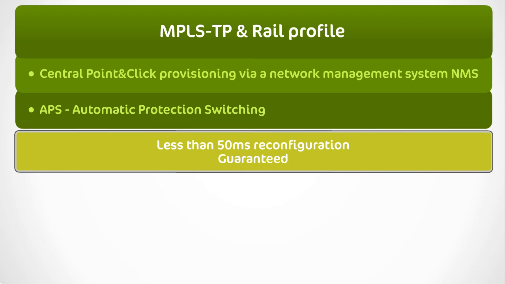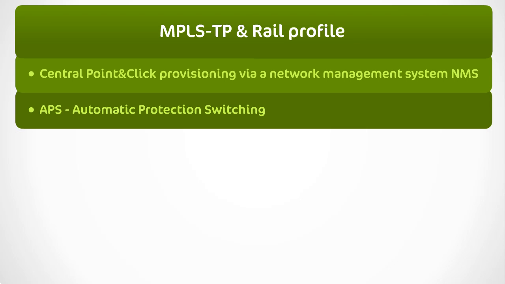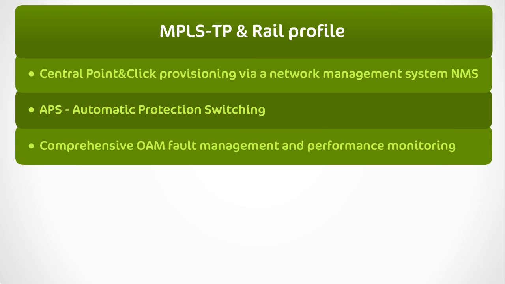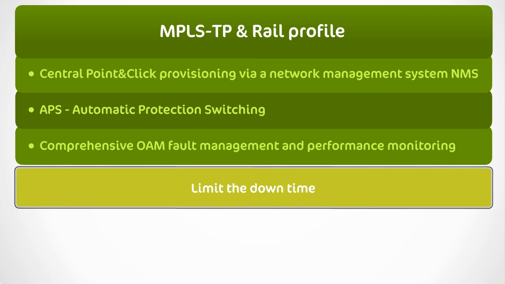MPLS-TP can guarantee reconfigurations in less than 50 milliseconds under all circumstances. MPLS-TP comes with a powerful set of OAM fault management and performance monitoring features. It allows you to monitor services and engage in proactive and easy fault location to limit your downtime.